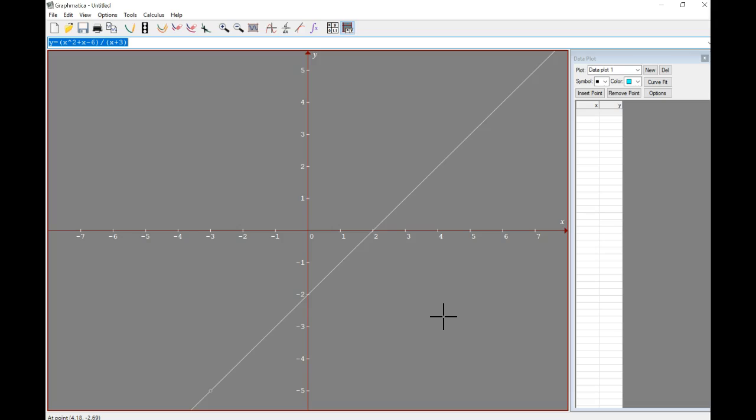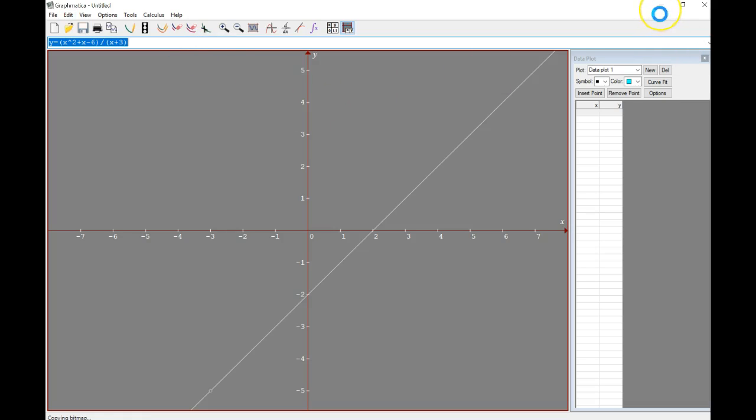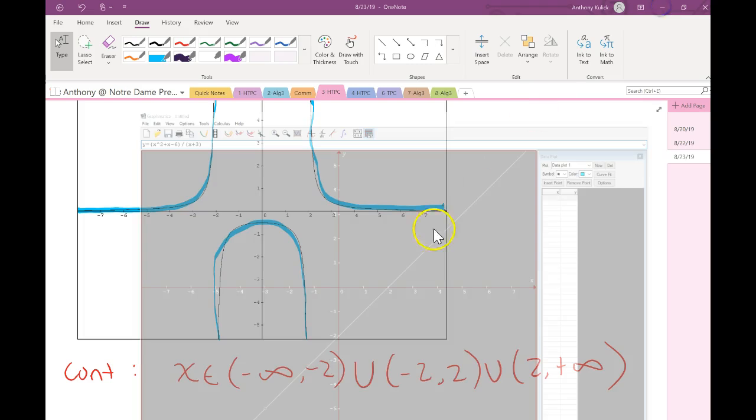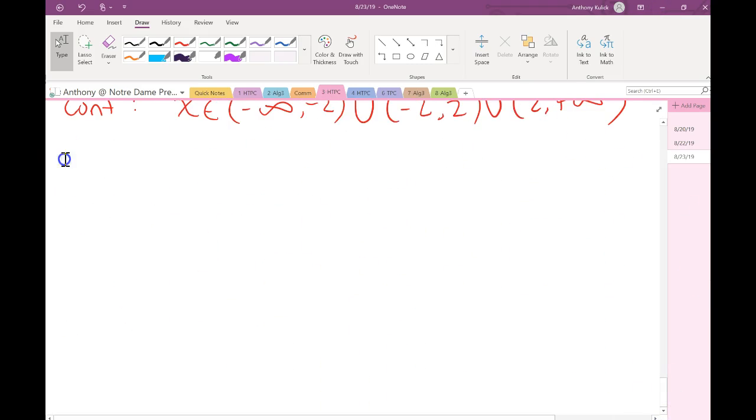So take a look here and be careful. Do we see anything going on here, Ben? Yeah, we have this little hole right here when x is -3. What do we call this one? Removable discontinuity. So again, we might say there's a removable discontinuity at -3, or if we wanted to, we could describe where the graph is continuous.